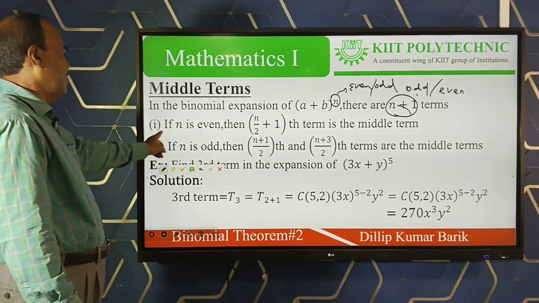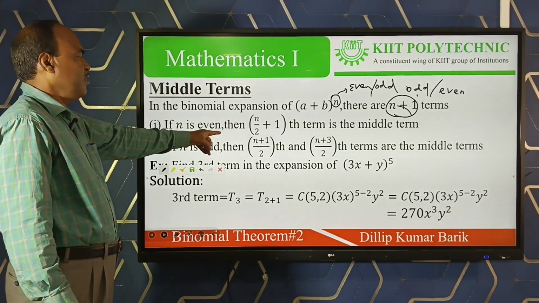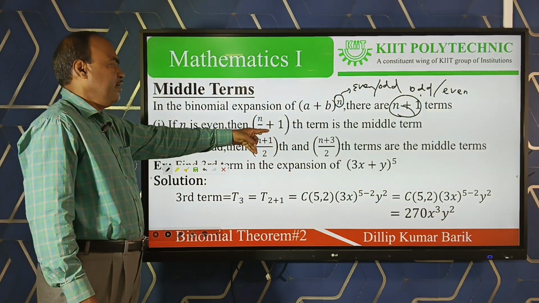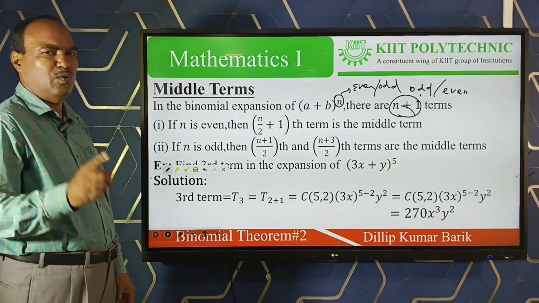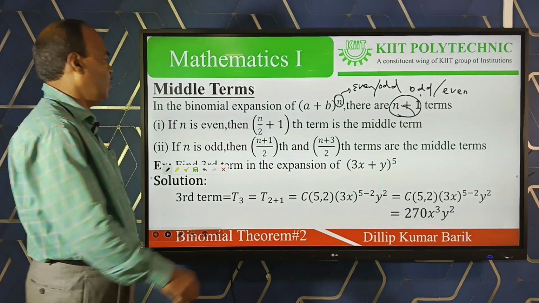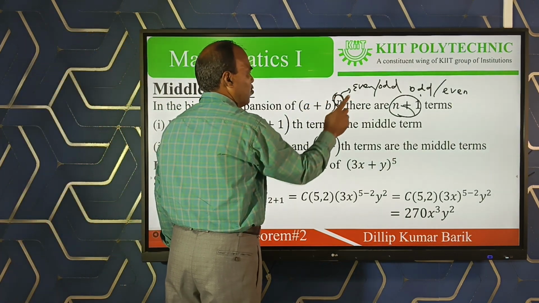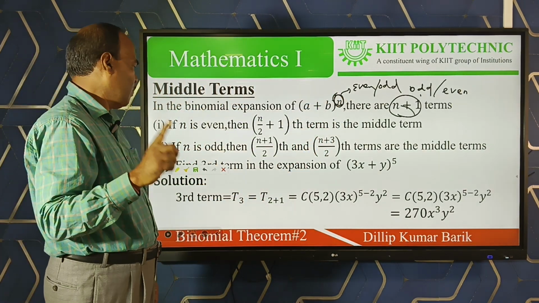two formulas. I write here, if n is even, then n/2 + 1 is the middle term. That means there is only one middle term. That means when the power is even, the number of middle terms is only 1.